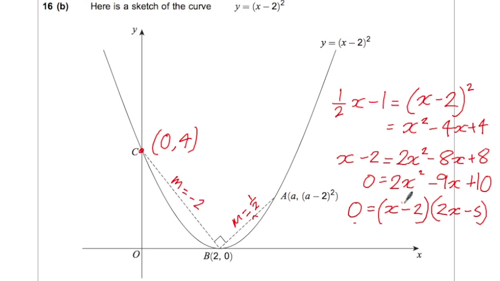Let's just see if that works out. So 2x squared minus 5x minus 4x, that gives us minus 9x plus 10. So the two solutions are x equals 2, which I knew because I knew our line hit when x equaled 2, or 2.5. So one of those is A. Now we know when x equals 2, that must be the point B. So A must be the point where x is 2.5. So in other words, A is 2.5.